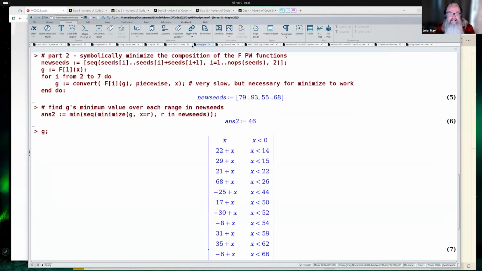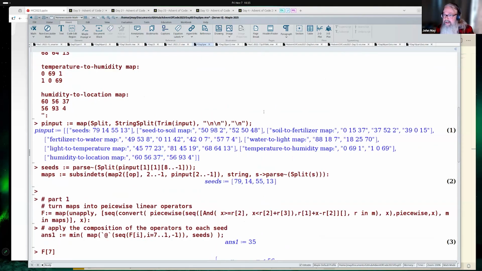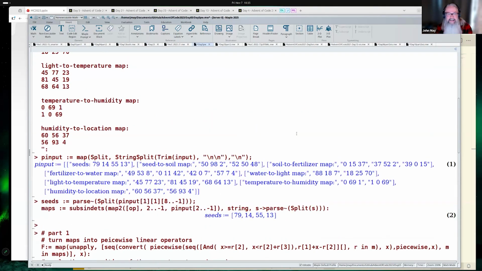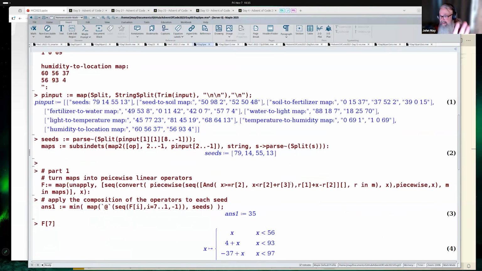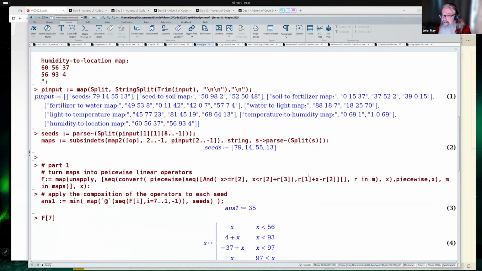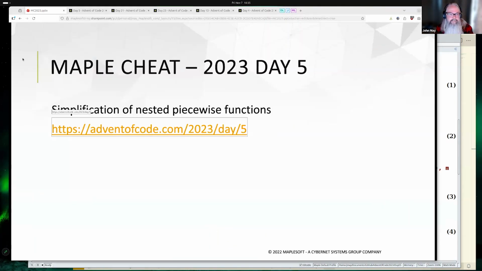You can see that this worksheet is called Day 5 PW because this is after I already solved it in a really disgusting way. Then I realized I could do it with piecewise functions, and so I built this very clean, elegant piecewise function worksheet to do it.